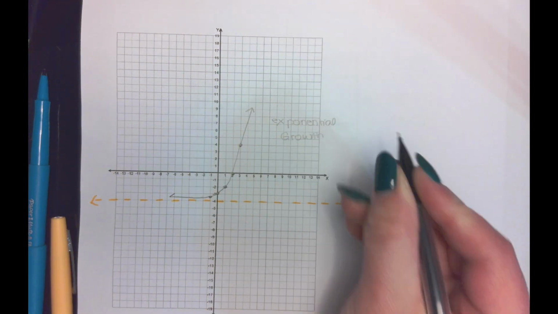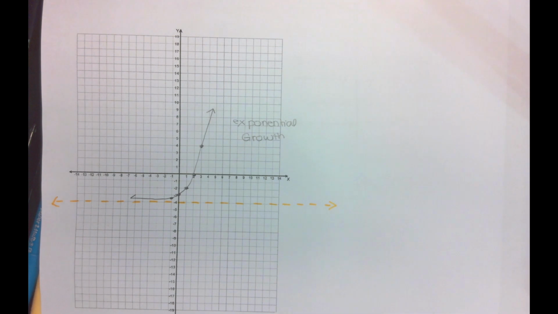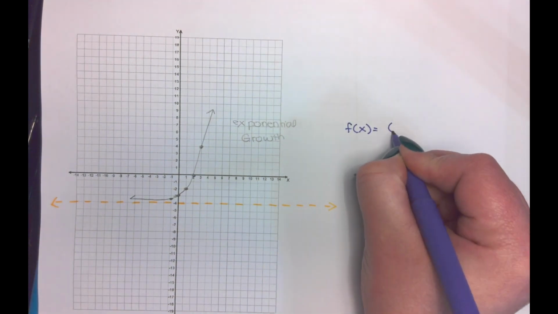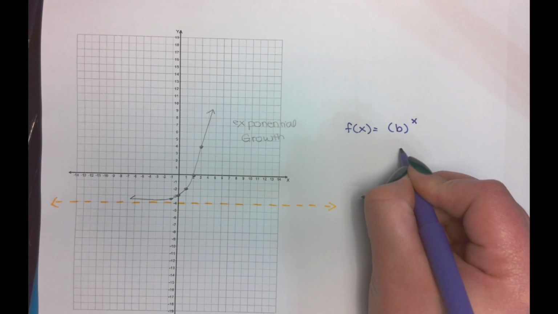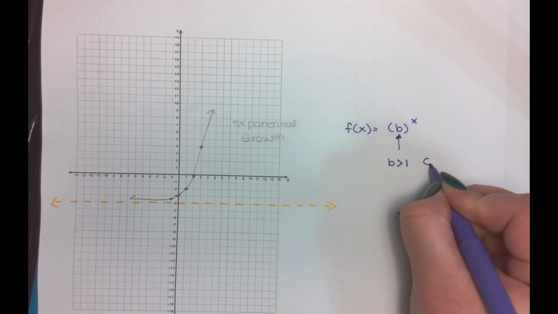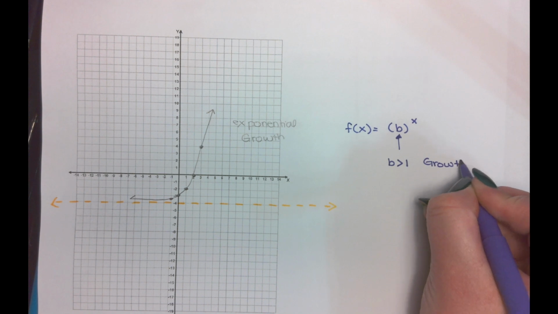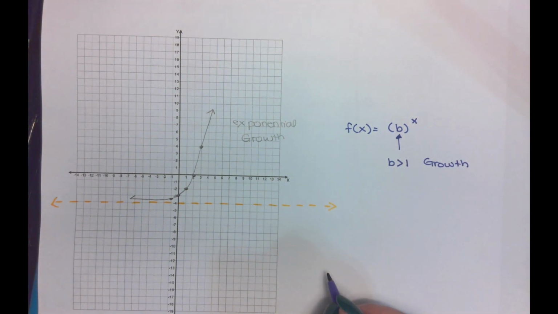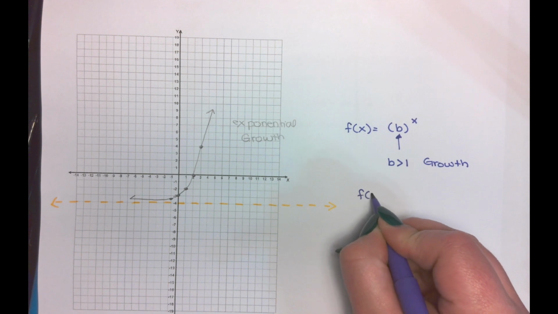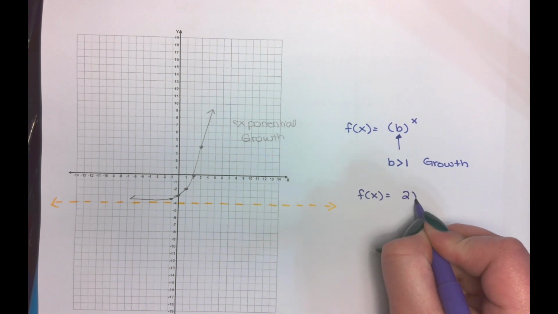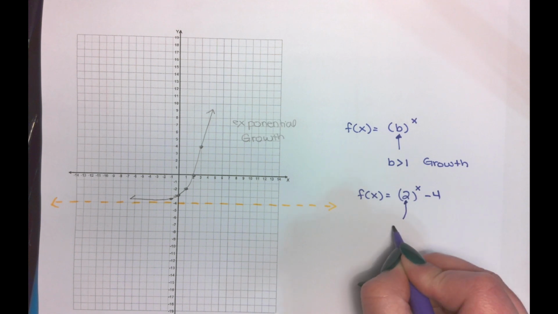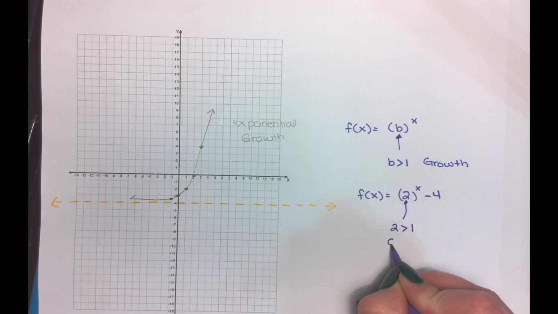And if we take a look at our equation, f of x is equal to b to the x power. If this b is greater than 1, we're going to have growth. So for us, we had a 2 in our example. Our example was f of x is equal to 2 to the x power minus 4. 2 is greater than 1, so we're going to have growth.